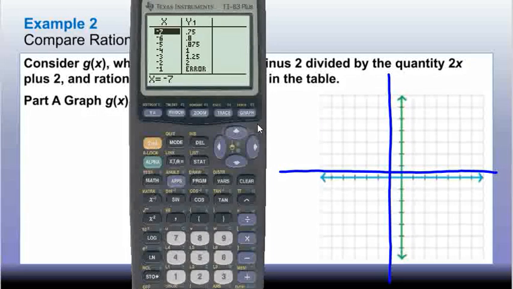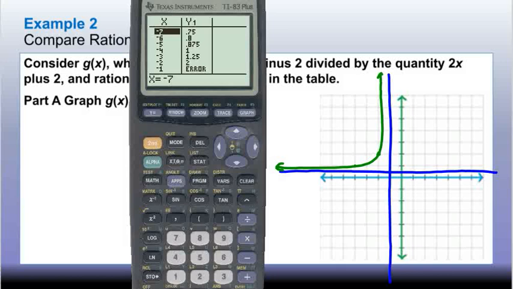Now let's choose some points on each side of negative 1. So I'm going to put a point at negative 2, 2. So negative 2, 2 would be here. We have one at, let's do negative 4, 1. So this one's going to look like this. Back up here.